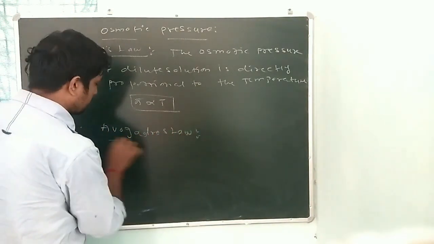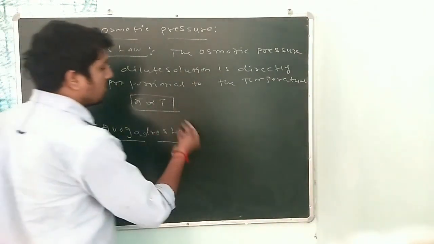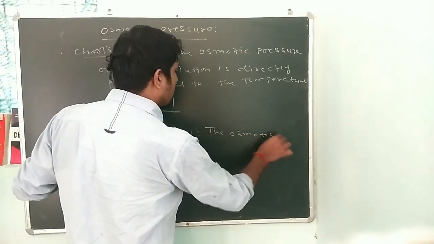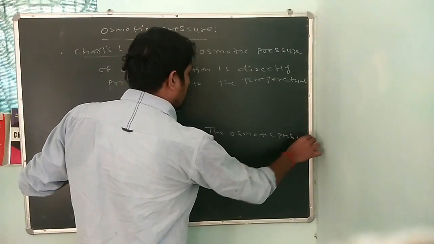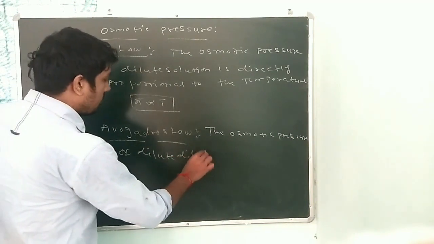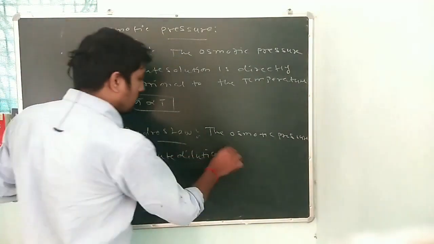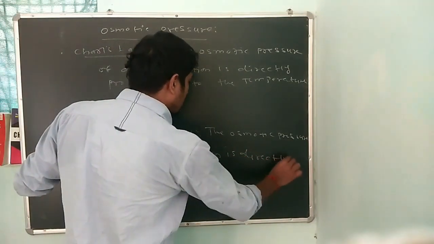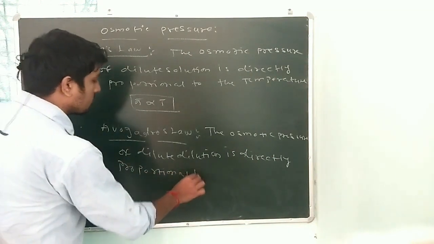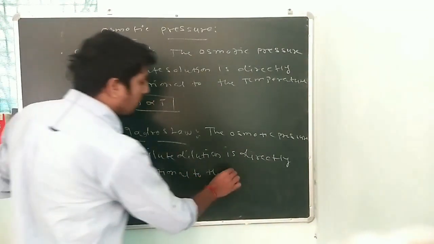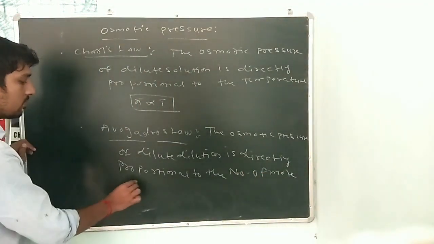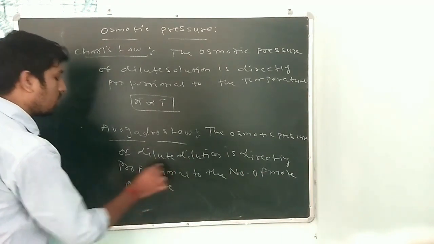And what is Avogadro's law? According to Avogadro's law, the osmotic pressure of a dilute solution is directly proportional to the number of moles of solute.